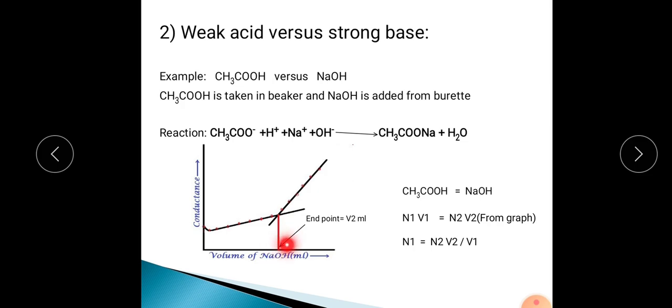So this is the volume of NaOH required to neutralize the acetic acid. So the nature of the graph is shown here: gradual increase, then sharp increase in the case of a weak acid versus strong base titration. The calculation is done in a similar way as it was done previously for strong acid, strong base.